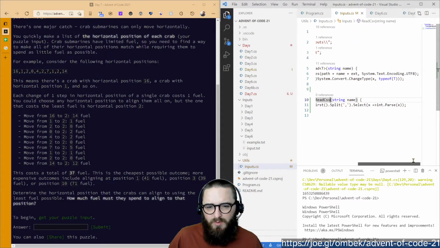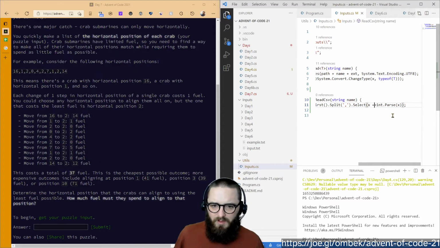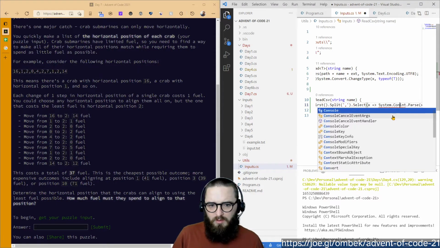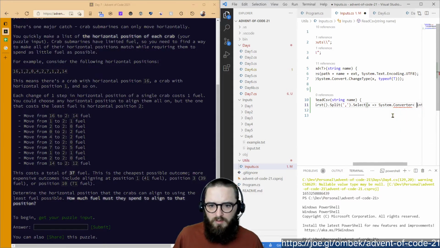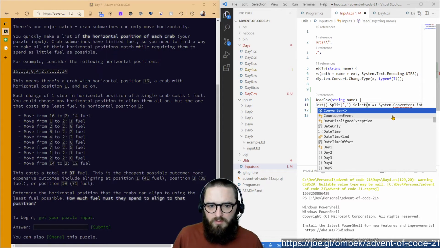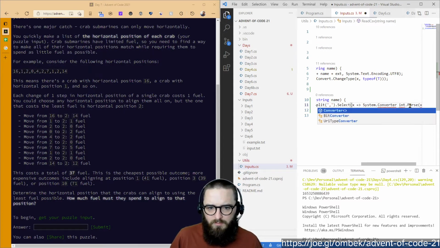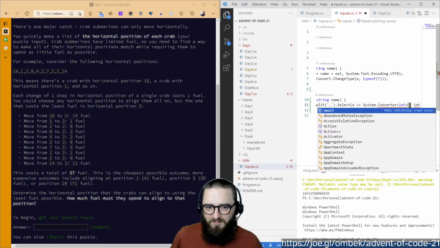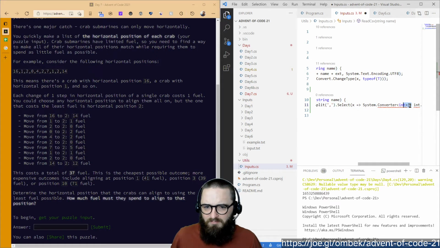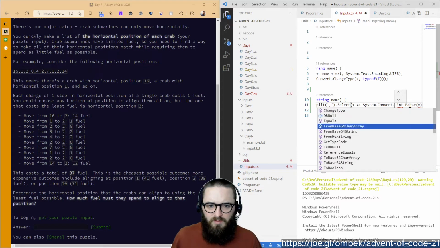Can I do a cast with generics? Not very easily, can I? You can use a system convert, but ooh, converter. What does that do? Nobody knows. Int. Convert dot.